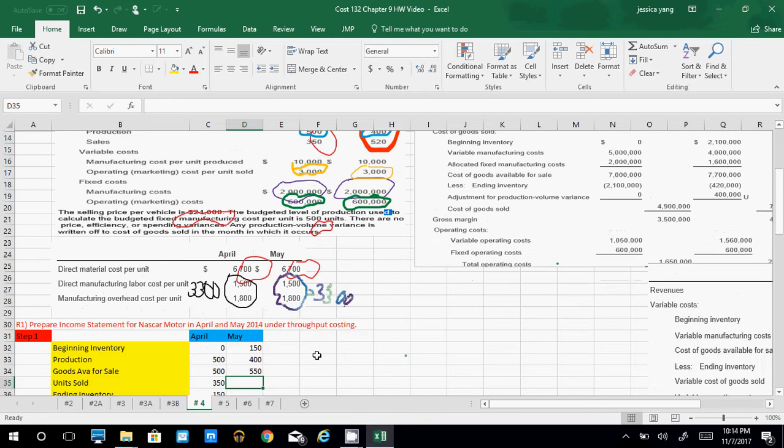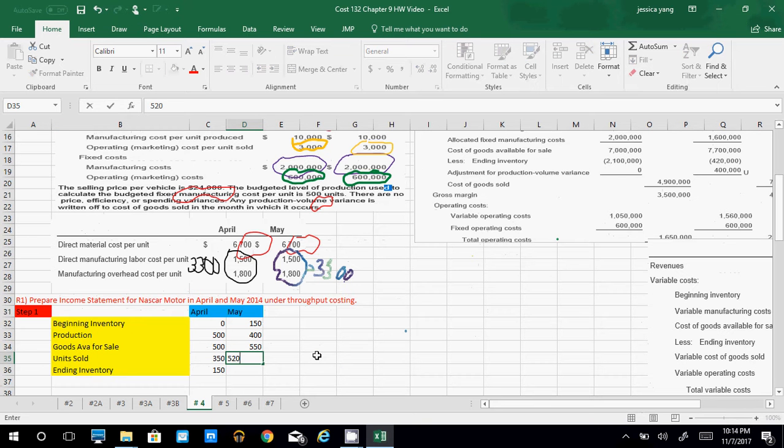It tells us that there are 500 units sold in May. To get ending inventory, we take goods available for sale of 550 and subtract units sold of 520, which gives us 30 units for ending inventory.